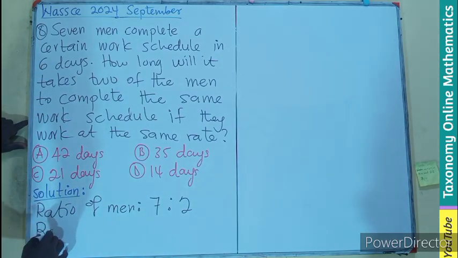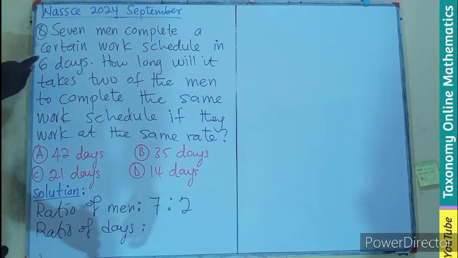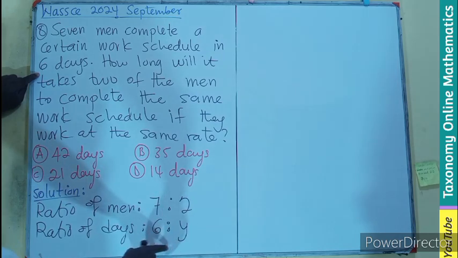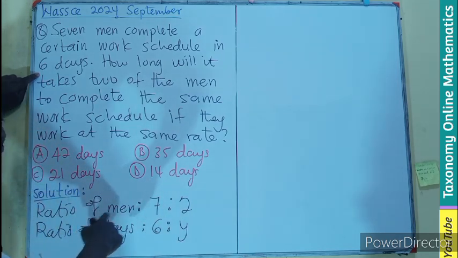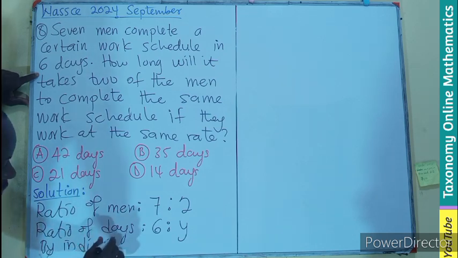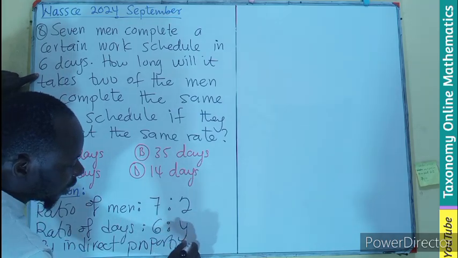Then we find the ratio of days. We begin with 6 days to an unknown day. This is the one we are looking for. Since we agree that this is indirect, by indirect proportion, what is proportion?